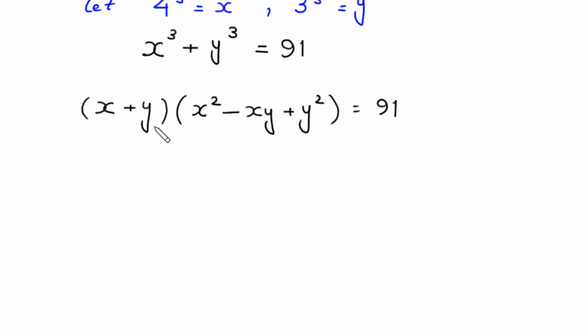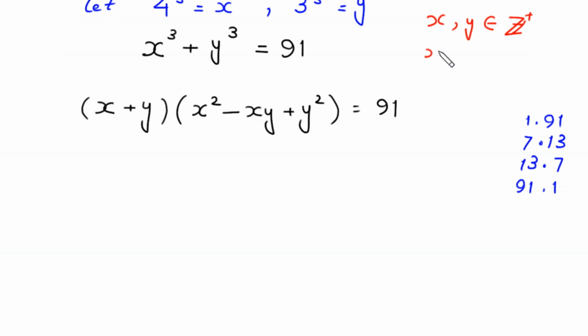Now we have two factors at left side, and this 91 can be factorized as 1 times 91, 7 times 13, 13 times 7 and 91 times 1. Now because we are looking for positive integers, therefore x and y are positive integers.